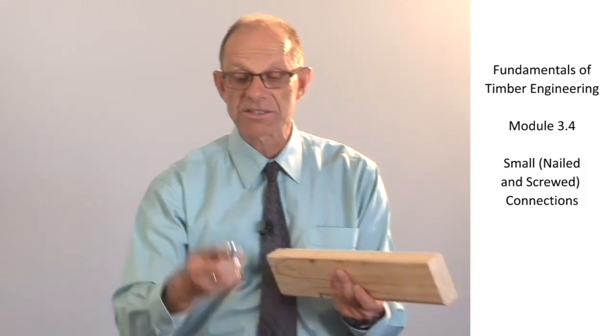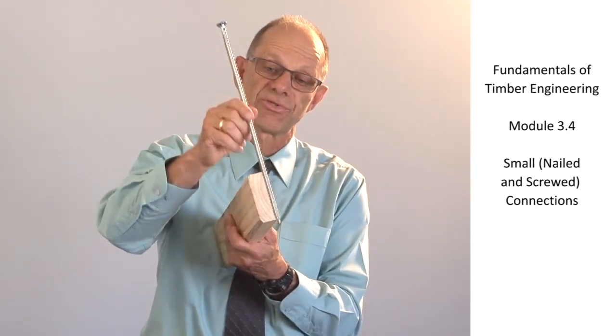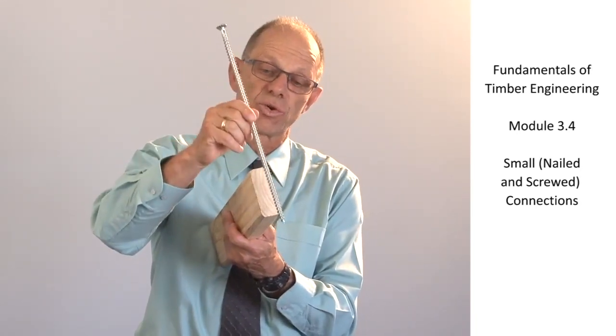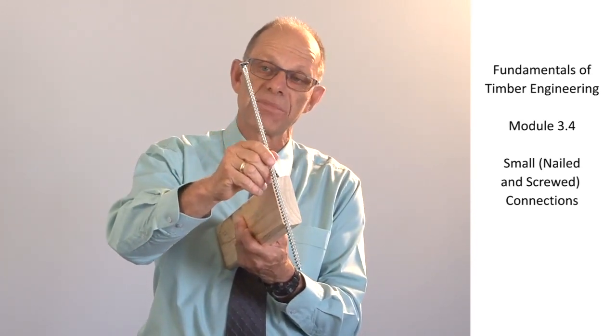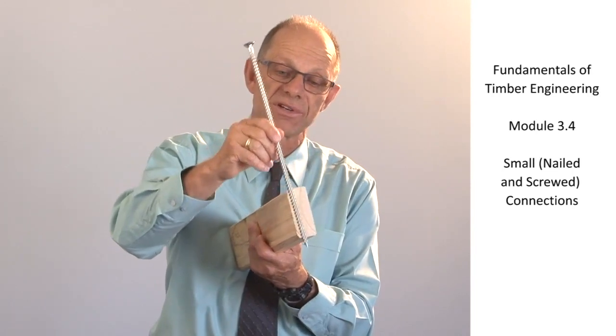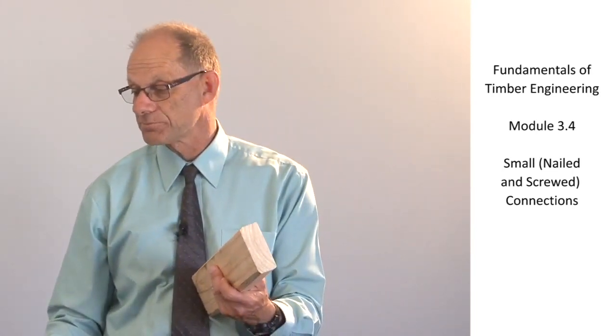Nowadays, we can get some quite long screws, and these types of screws are used for joining elements to quite deep cross-laminated timber or glulam members, and can get very substantial type 2 capacities.